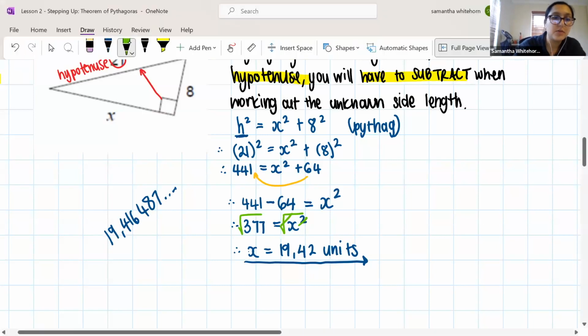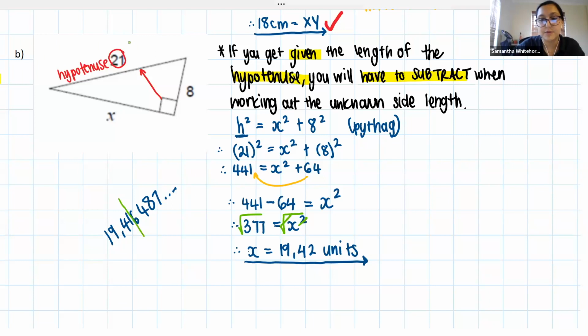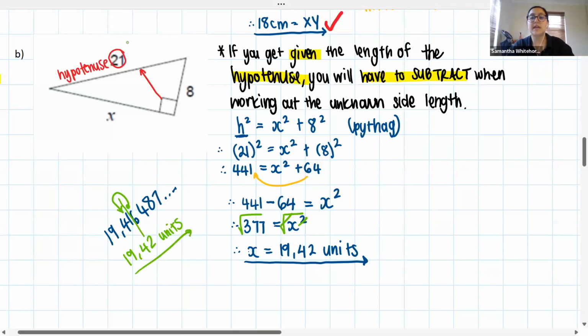If we are rounding off to 2 decimal places, we want our answer to stop 2 numbers after the comma. This 6 rounds my 1 up to 2. That's where I get 19,42 units from. It's rounding. You're all saying it on the chat, that's great, but I've just explained why it's 19,42. So I hope we all listen. Okay, good. It's just because of the rounding off, and we just need to be mindful of that.